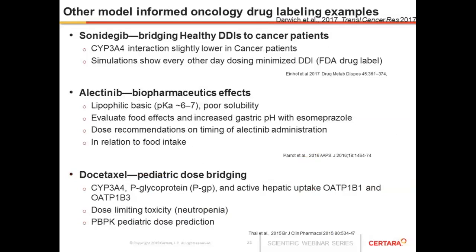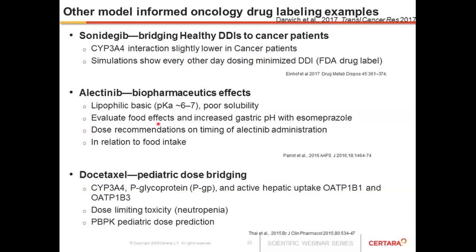So in the first example here, what they were looking at is bridging healthy drug-drug interactions to cancer patients, similar to what I was talking about previously, or with the example of Ibrutinib, but taking that further into impact of interactions in cancer patients. And in this case, what they showed was a reduction in the DDI in cancer patients.